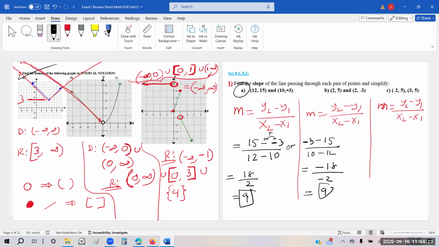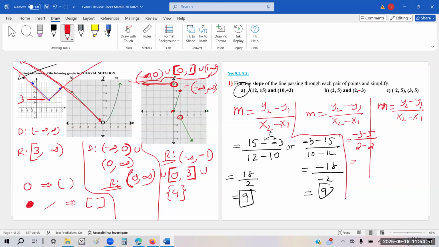And now B, it's 2, 5, 2, 3, 2, negative 3. So let me do B here. What minus what? Negative 3 minus 5 divided by, this is negative actually, and the denominator is 2 minus 2.